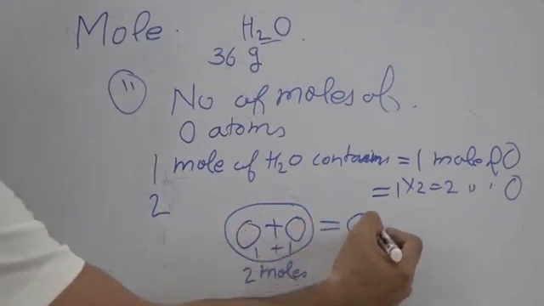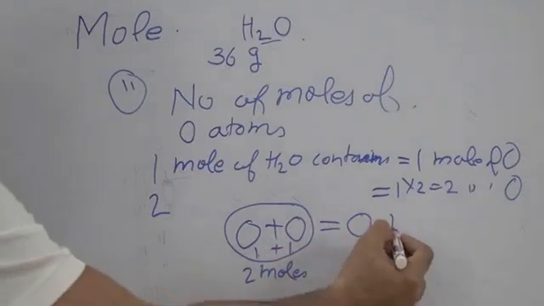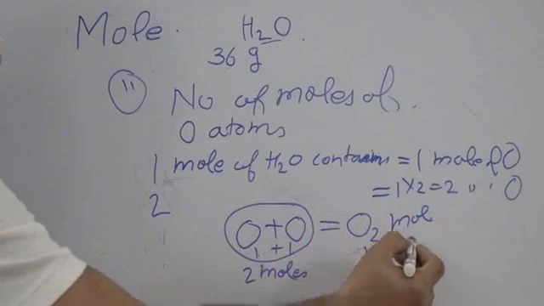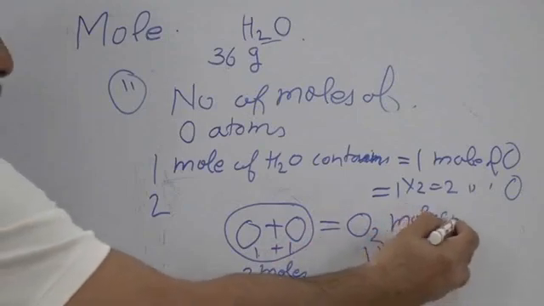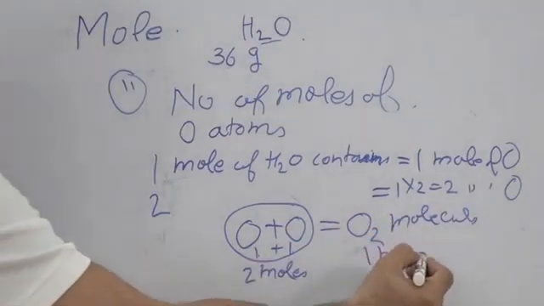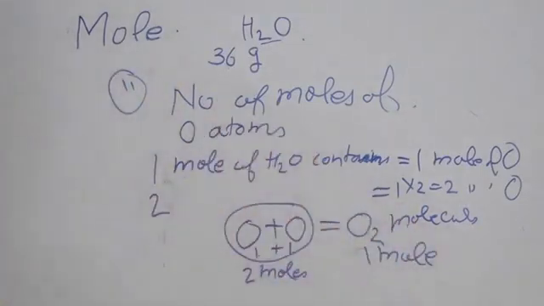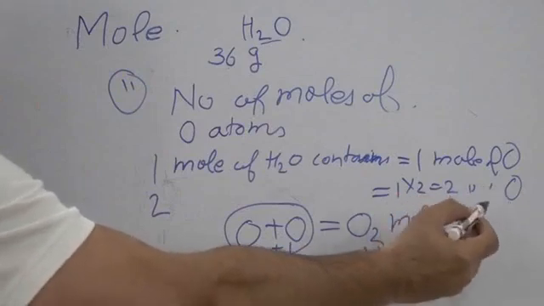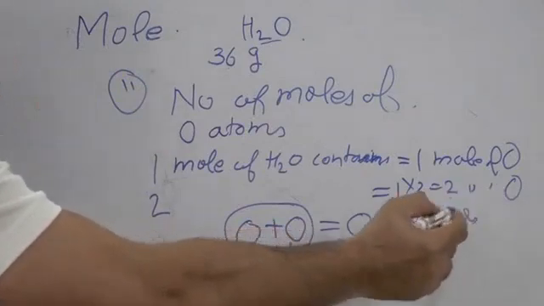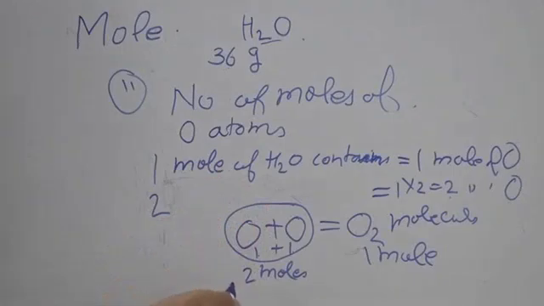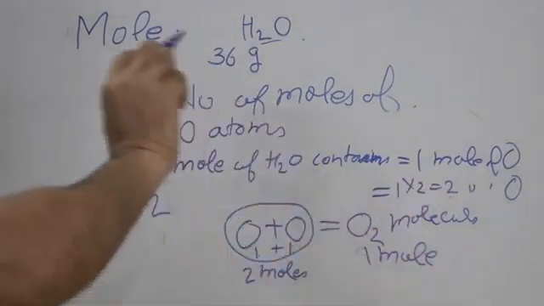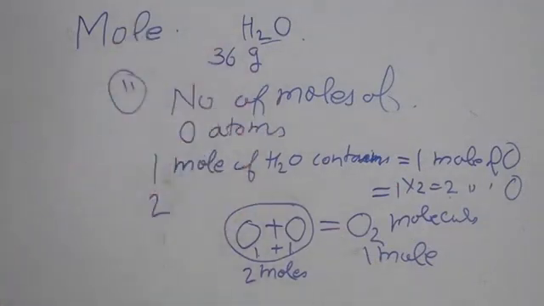Therefore, number of O2 molecules would be 1 mole. Is that clear? Because the number of oxygen atoms was 2 moles. When these would combine, the total number would be half of that, and half of 2 moles is 1 mole. You can find out the other way also.